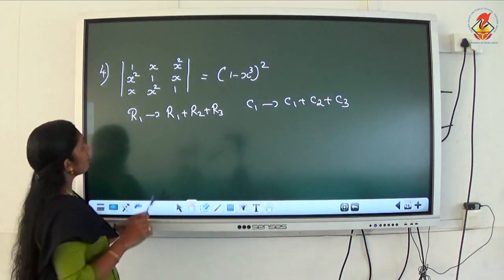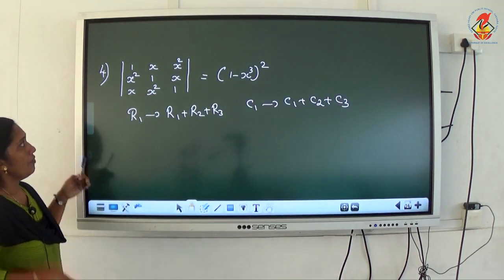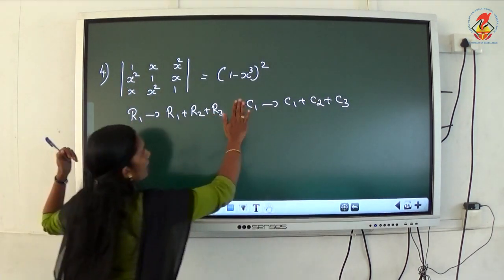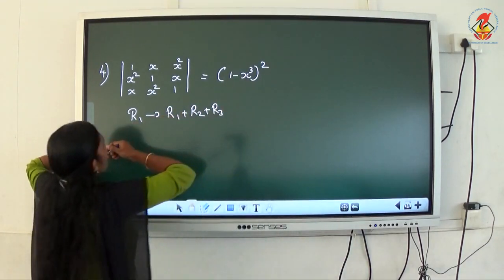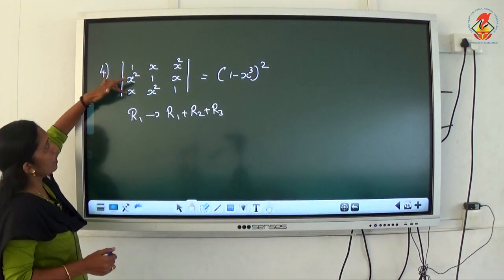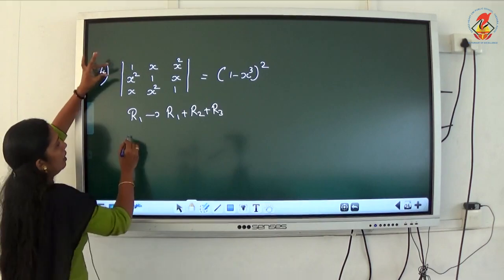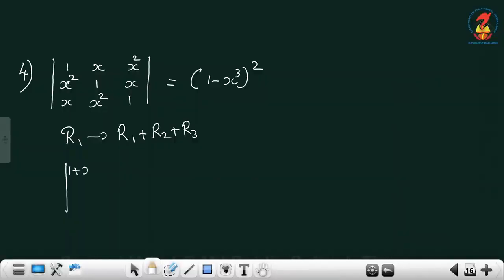So here, look, if we add row wise, the first row elements are 1, x, x², so you have to add 1 plus x plus x². Now add these three terms in the other columns, and again you get 1 plus x plus x², and the third element also.